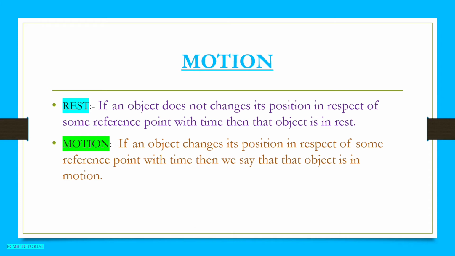Here comes a note. No motion or rest is absolute. It means that an object can't be in absolute rest or in absolute motion. All are relative. You must have noticed that your home is not changing its position.